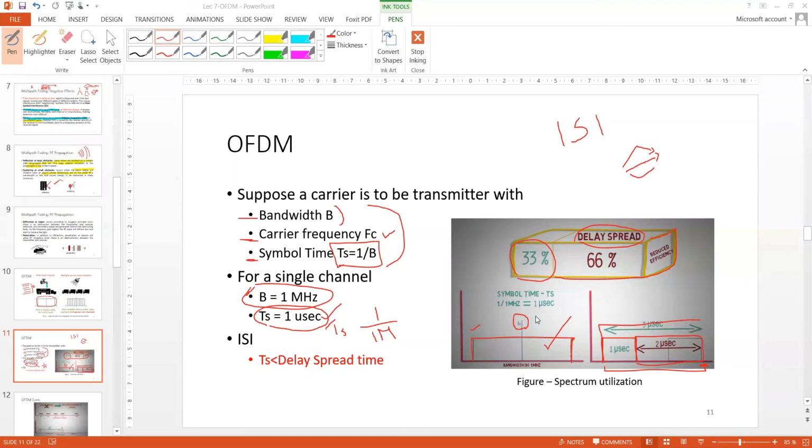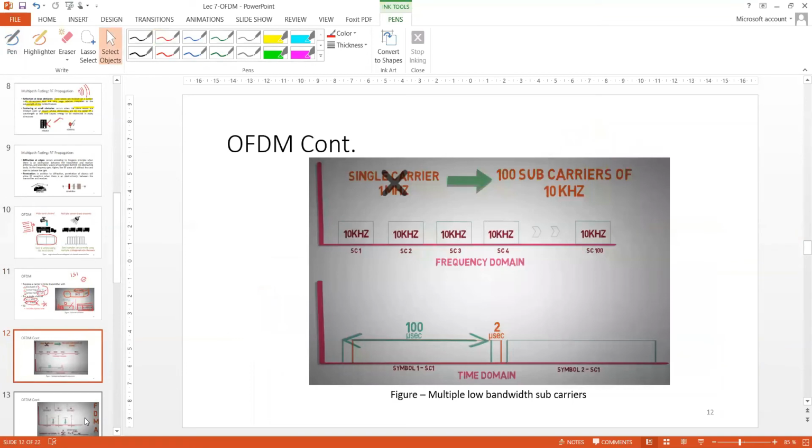Now, how can we overcome this? This can be overcome by dividing your entire channel into relatively small channels. And rather than using a single carrier, we use sub-carriers to transmit information over each individual channel. So what is the benefit of dividing your entire bandwidth into relatively narrow channels and using relatively narrow carriers or sub-carriers to transmit your information?